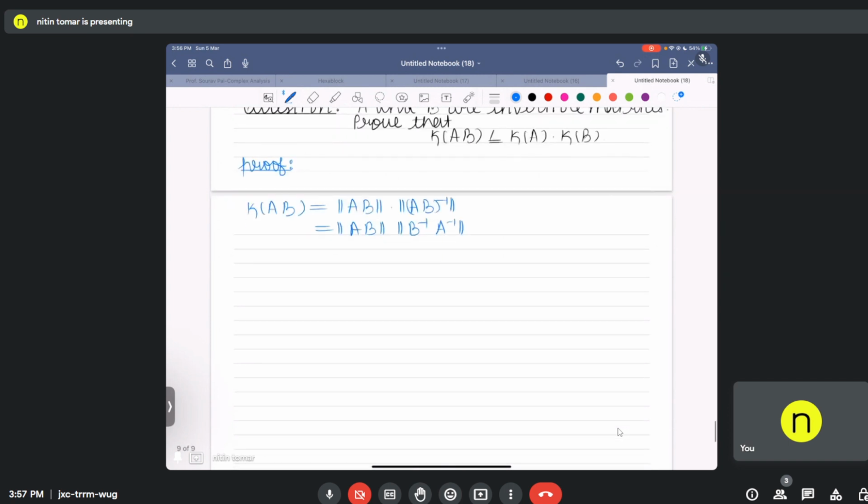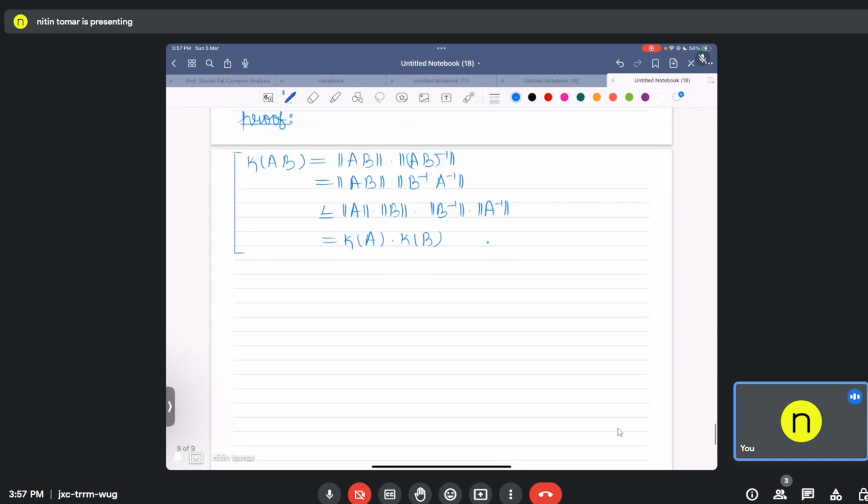Now the first will be less than or equal to norm A times norm B, and the second will be less than or equal to norm B inverse times norm A inverse. This is precisely kappa A times kappa B. So this was easy, not very difficult.